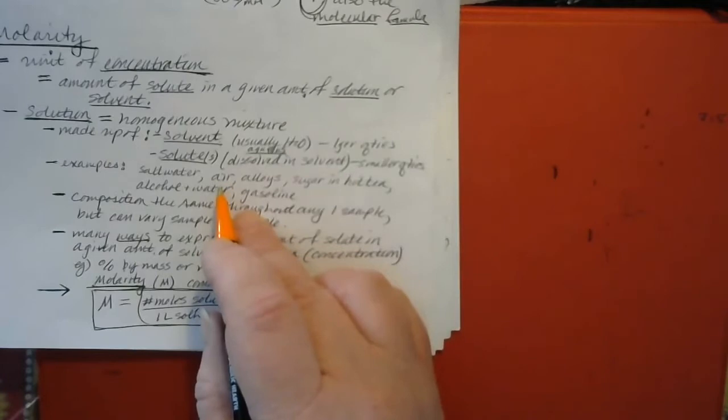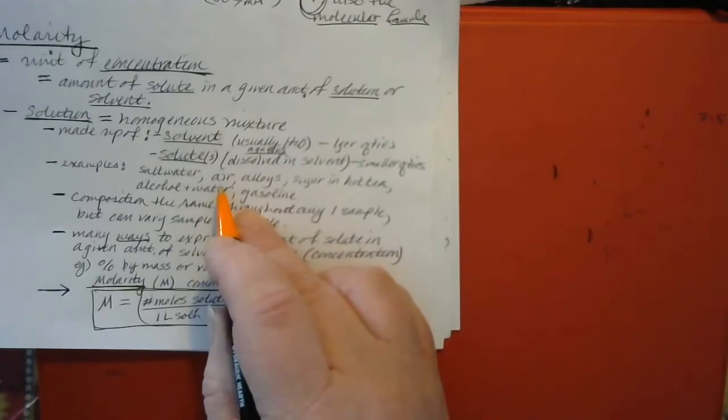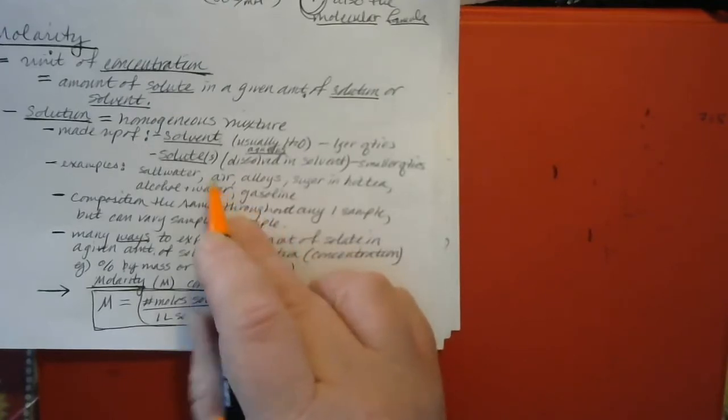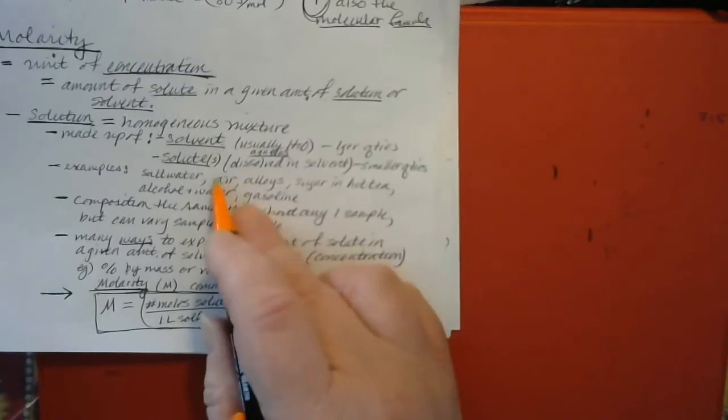Air is made up of several different gases. About 79% of air is made up of nitrogen. So nitrogen would be considered the solvent. And the rest of it is made up of about, say, 20% oxygen and tiny little percentages of things like water vapor and carbon dioxide and even a little argon. And so they would be the solutes. So you can have a solution that's entirely made up of gases.